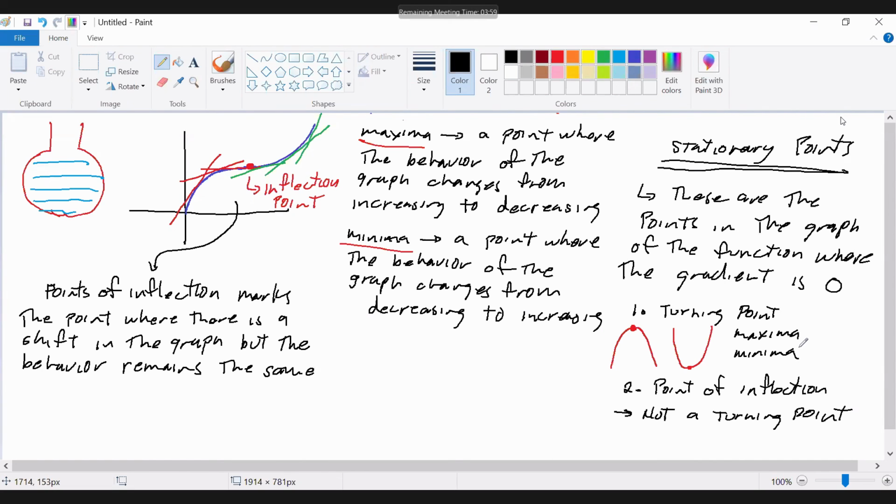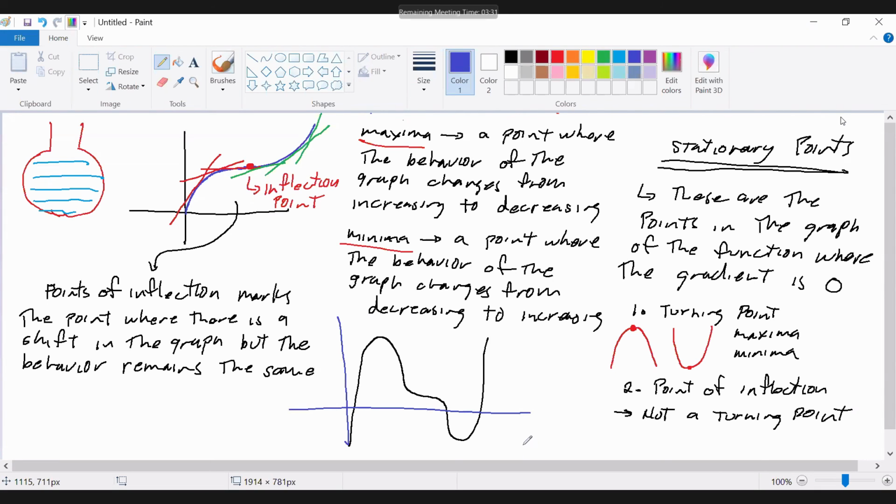Okay, so these are additional points that we need to find in order for us to be able to draw the graph of certain polynomials. So for example, before I let you go for a break, if we have something like this, okay, if you have the graph like this, what are the parts that you can see?